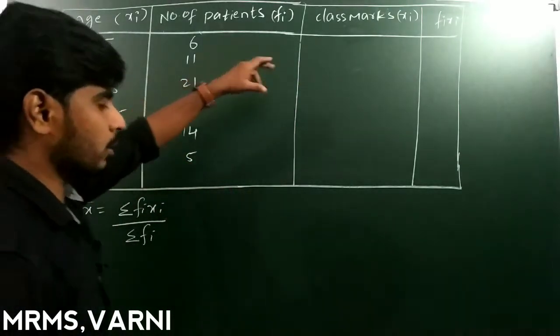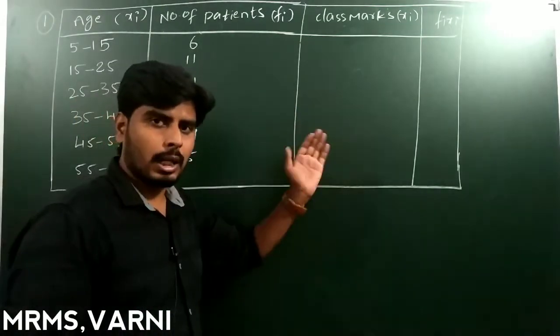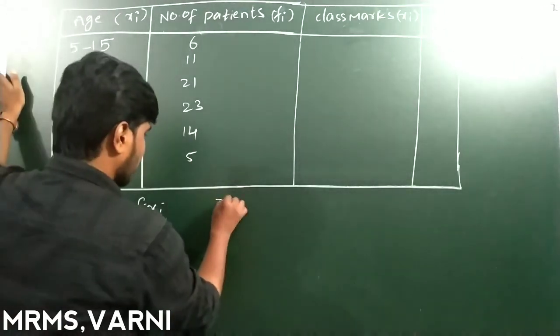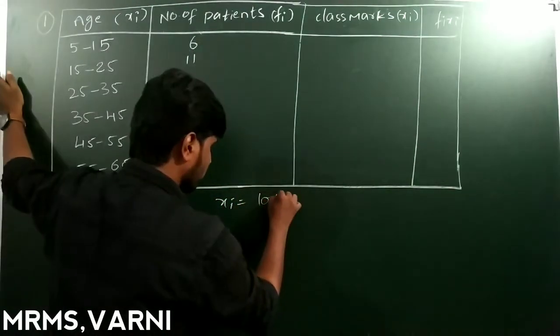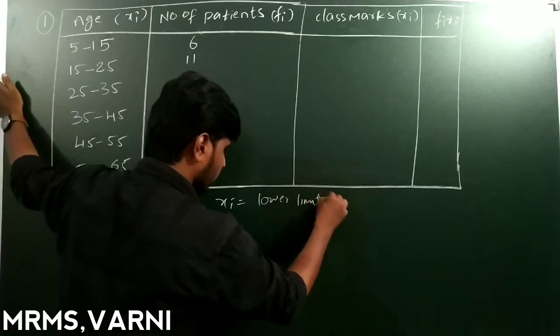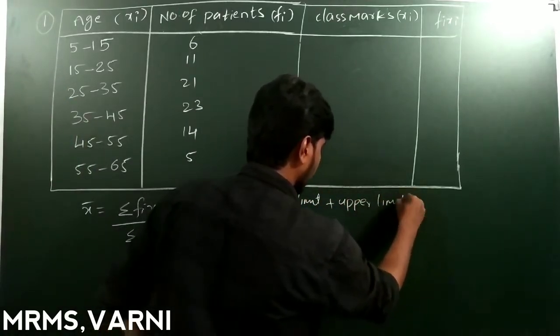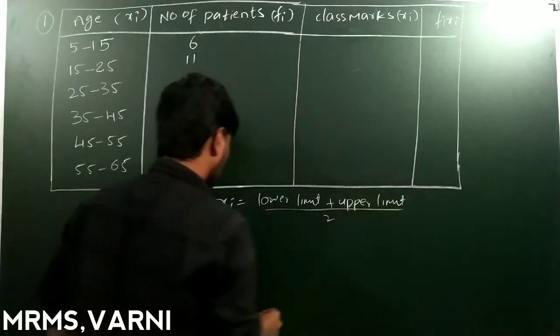So generally how we find the class marks? Lower limit plus upper limit by 2. So Xi is equal to lower limit plus upper limit by 2.